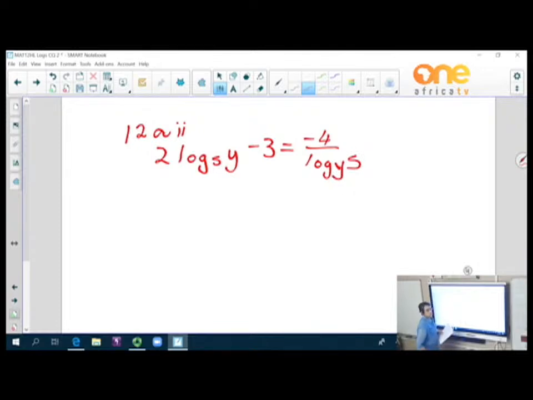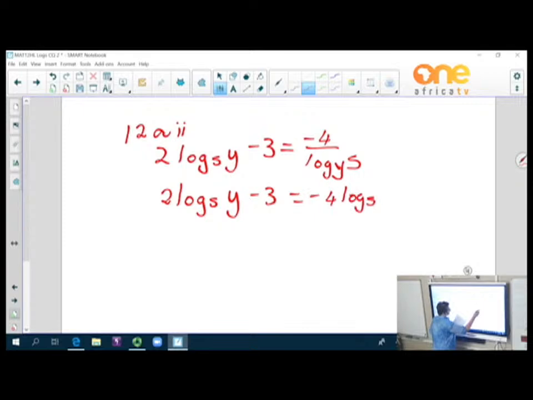I need to change it to the same base, otherwise I cannot work with that one. So it is then 2 log 5 of y minus 3 is equal to, and what is the rule when you change the base? Then you can reciprocal it. So it is the negative 4 log base 5 of y. So it is the log law of the change of base. So when you change it here, you reciprocal it there.